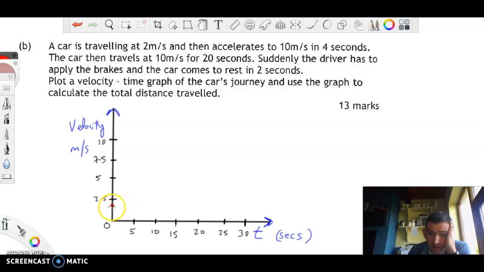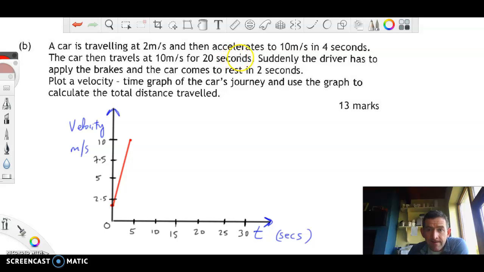So by the time the clock is ticking out to 4 seconds, the car is doing 10 meters per second. Right, so it's going to be up here doing 10 meters per second at 4 seconds. So we can join those guys there with a straight line. Right, so that represents acceleration there.